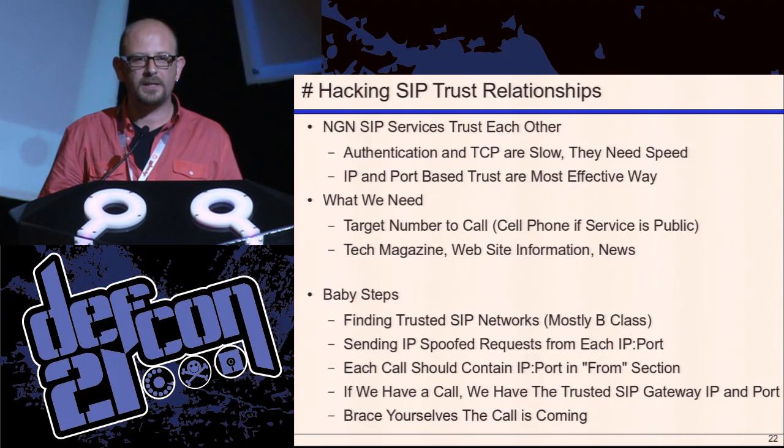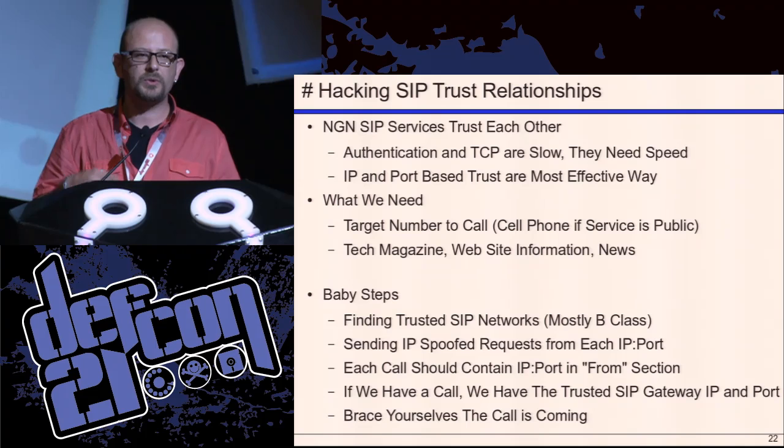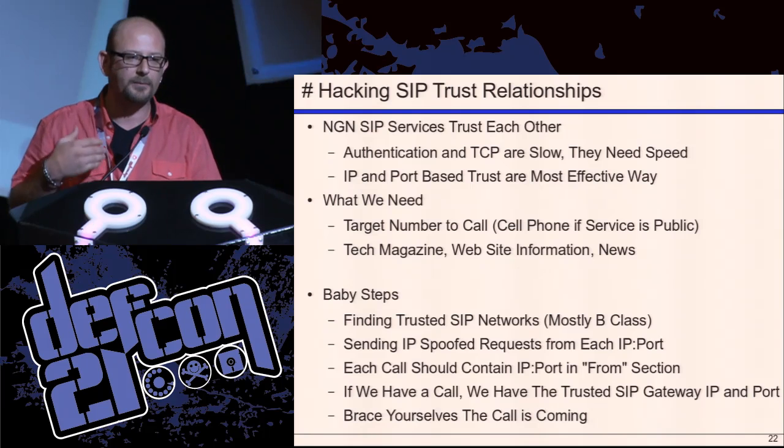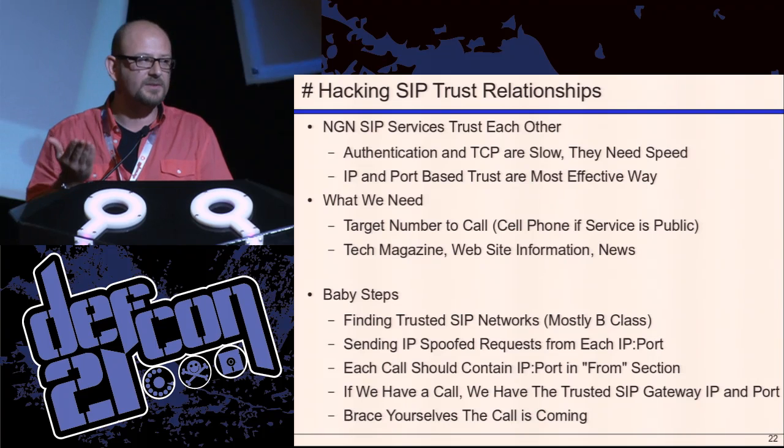We need specific information for this attack. We should have an internal number. Basically, we should be a customer of this service, because we should have a soft or hardware client to view caller ID.